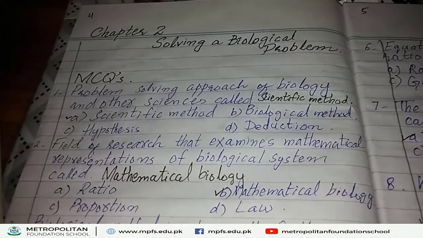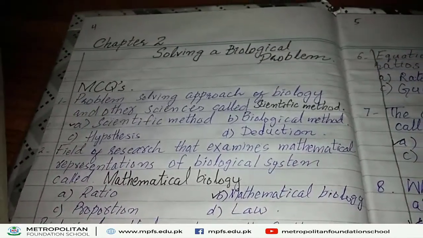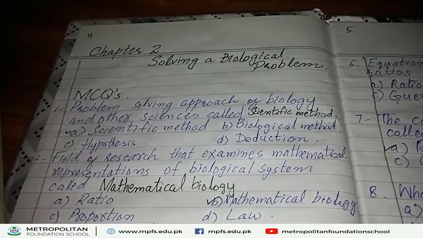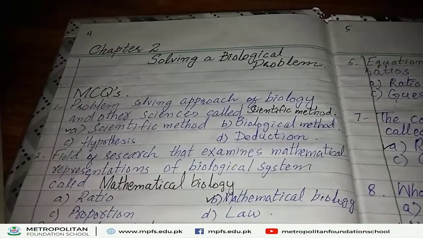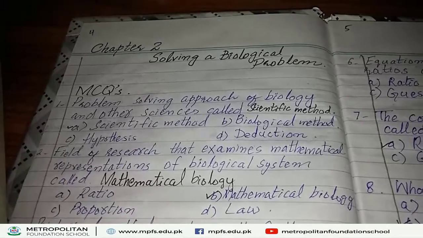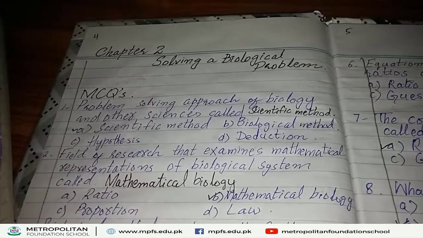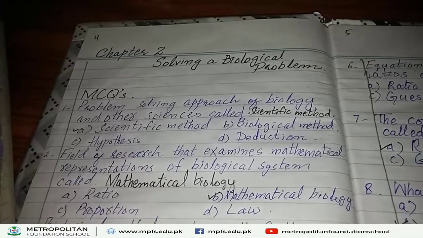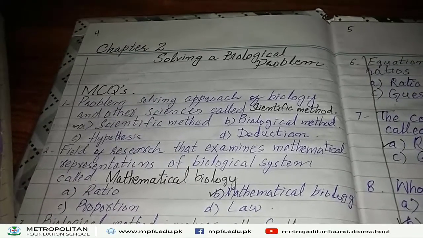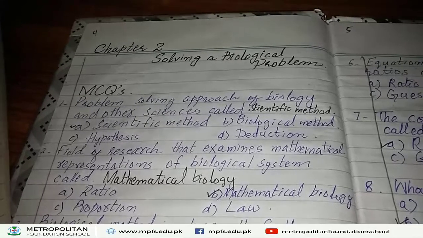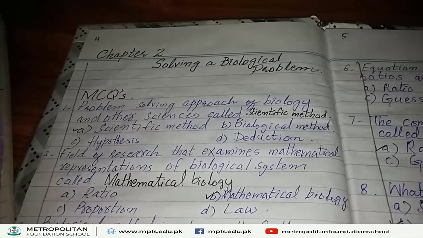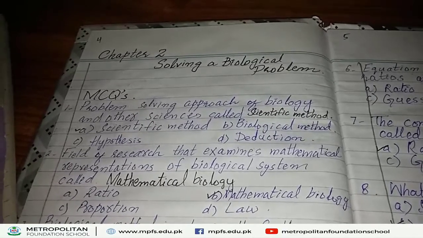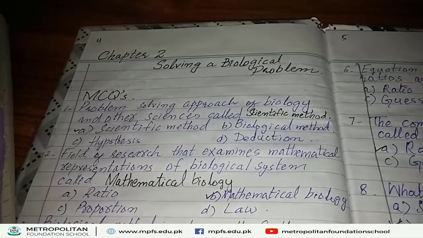MCQ number 2. Field of research that examines mathematical representation of biological system is called. In this field of research, we present our data with the help of mathematical representation.